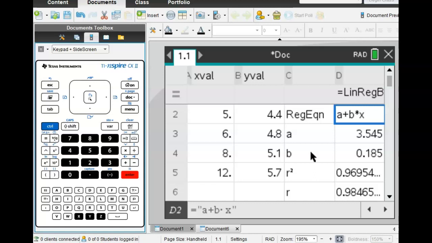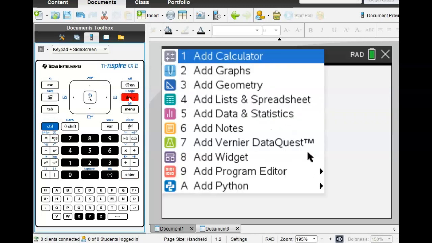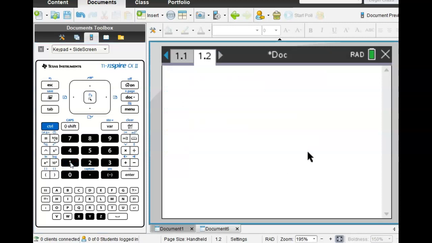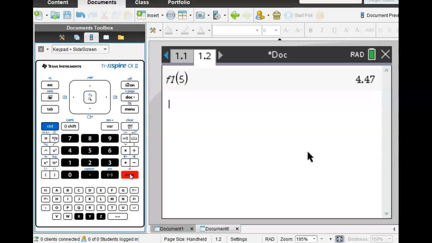So we're going to add a calculator screen because we don't have it. So Control Doc, calculator. And then where is my function stored? F1. Have we actually seen it in F1 today? No, but we know it's there because that's where we told it to put it, right? So I literally type F1 of 5, and I get 4.47.